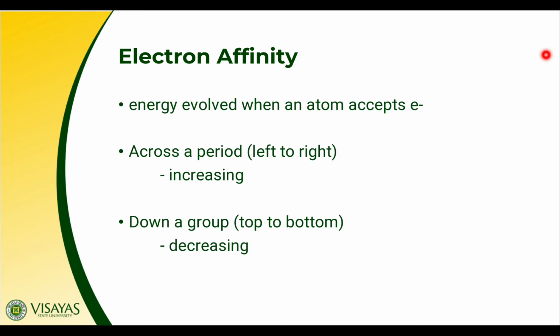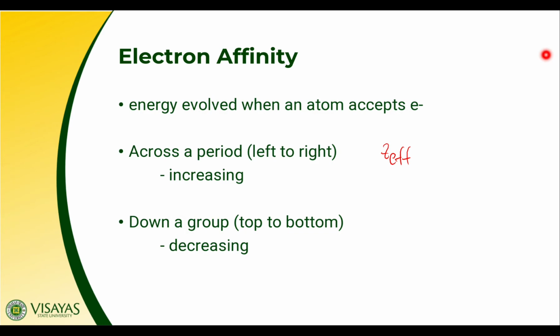Why is it that across a period, electron affinity increases? Recall that as we go from left to right, Zeff or effective nuclear charge increases. That means the electrons, as we go from left to right, feel more the net positive charge of the nucleus.